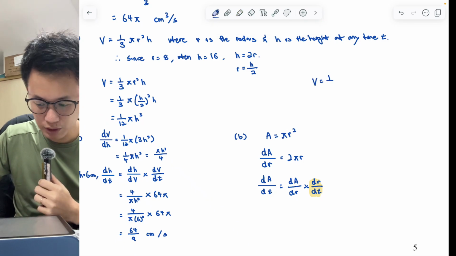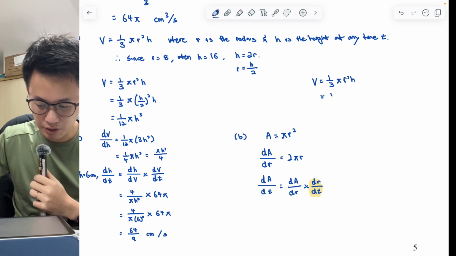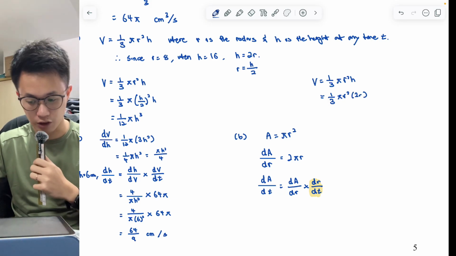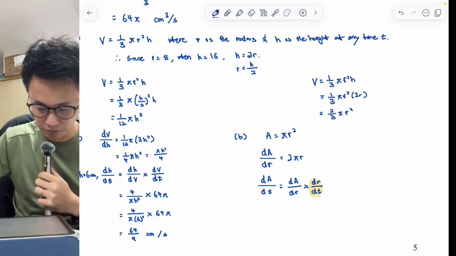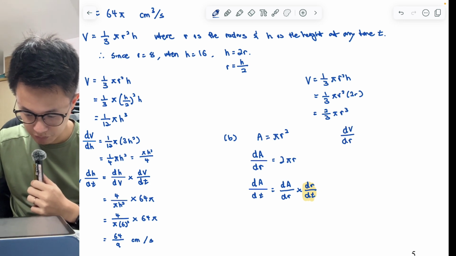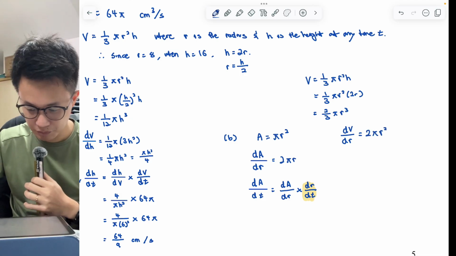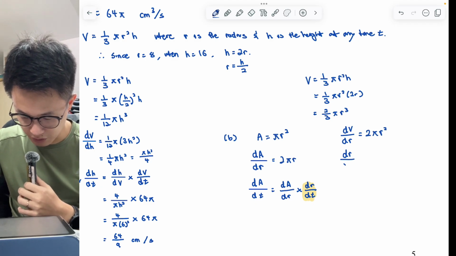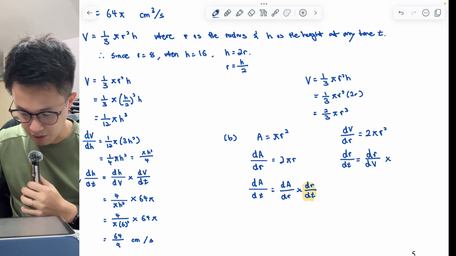Since we have volume equals 1/3 pi r squared times height, this can be written as 1/3 pi r squared times 2r, because h equals 2r, and this gives us 2/3 pi r cubed. Now from here, dV over dr will simply be 2 pi r squared, and then we can find dr over dt equals dr over dV times dV over dt.